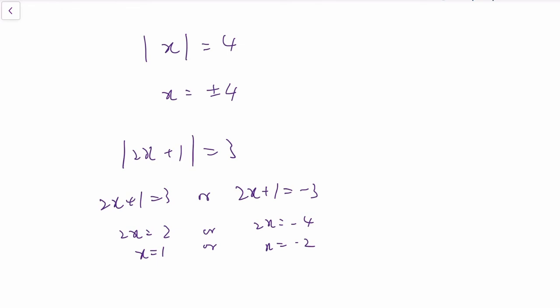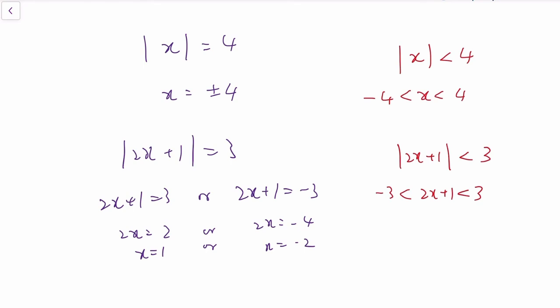A similar idea could be extended to inequality. So for example, if I have |x| being less than 4, then really I need x to be between 4 and negative 4. So for example, if you have |2x + 1| being less than 3, then we have 2x + 1 being between 3 and negative 3.